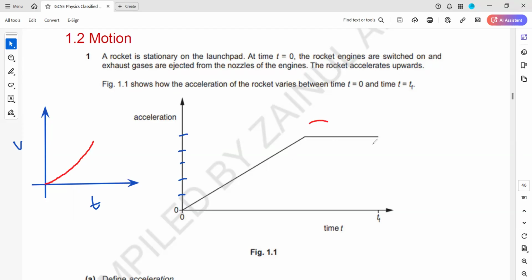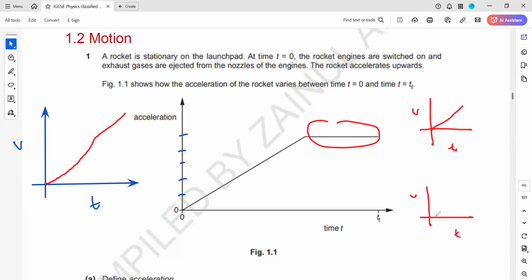And then constant acceleration is a straight line. A speed time graph, constant acceleration is expressed by a straight line, and increasing acceleration is expressed by a curve with increasing gradient. So we just have to join these two parts. That will be the shape of the graph.